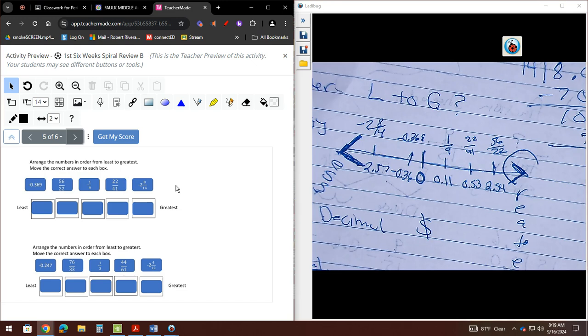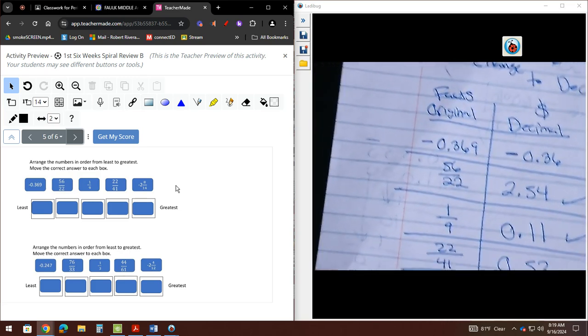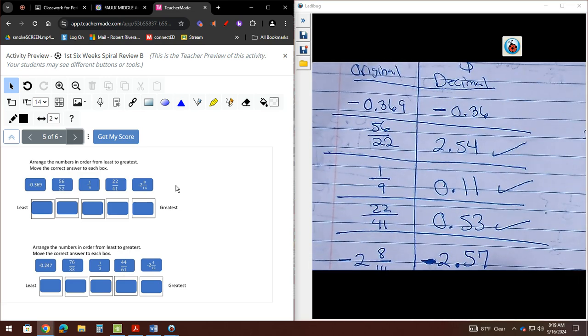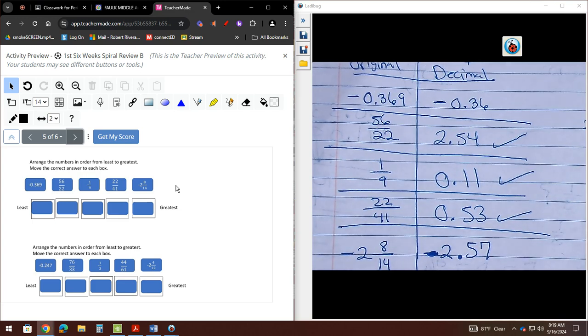And the most important thing is to change them to money, because money is so easy to put in order. You could see it there: 11 cents, 53 cents, 254. The other way you can do this is to think about who owes more money, who owes less money, and all that stuff. So I could do it this way too.